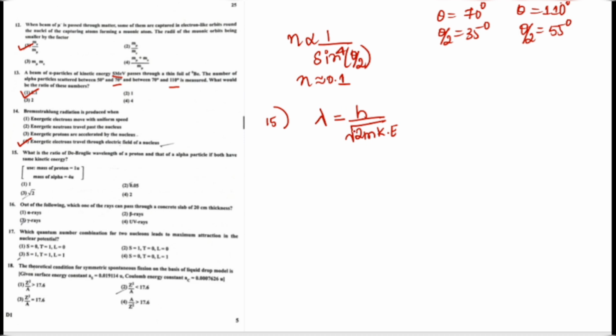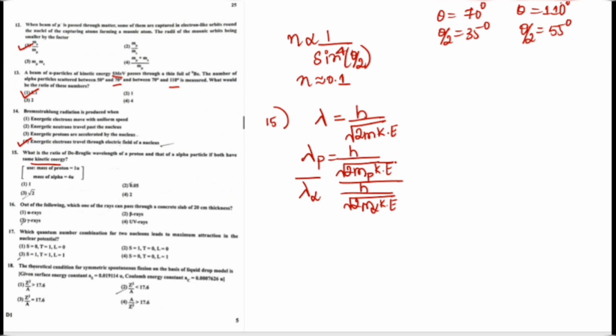Using this formula, and they have given one more thing, the same kinetic energy, I can solve this question. The wavelength of the proton is equal to h divided by square root of 2 times the mass of the proton into kinetic energy, all divided by the wavelength of the alpha particle, that is h divided by square root of 2 times the mass of the alpha particle into kinetic energy.